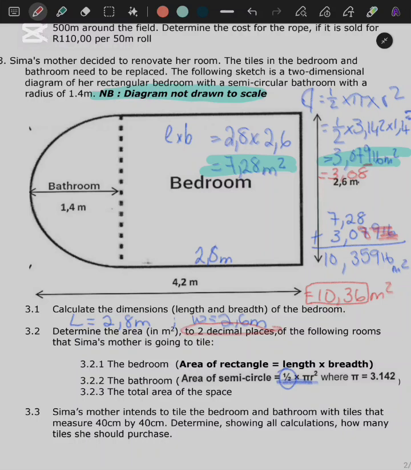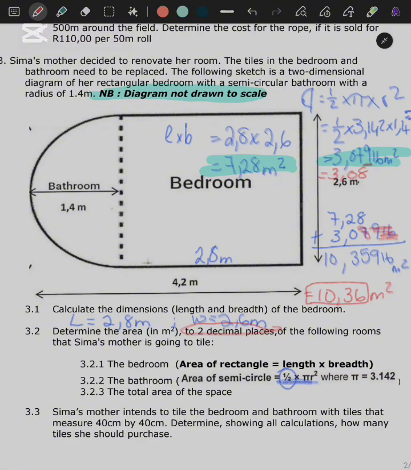Now we do have a small issue though, because if I look at this measurement, these are in centimeters over here, and my measurements for the area are in meters. So I need to convert. It's always easier to convert first. So you want to be converting before you actually calculate. Converting after you calculate changes a little bit, and it's going to make it a bit more complicated.